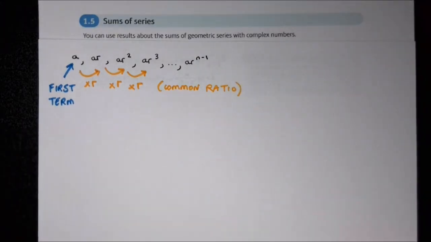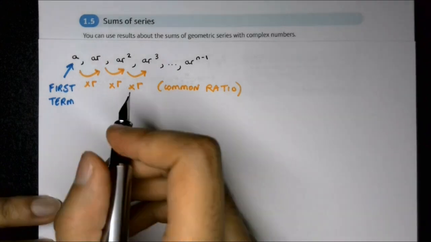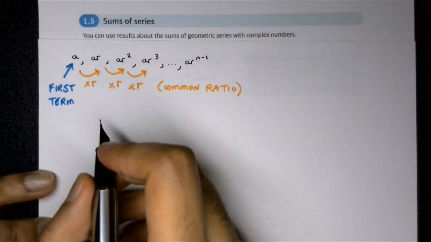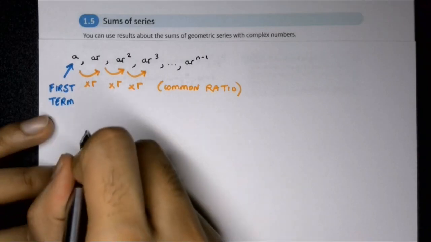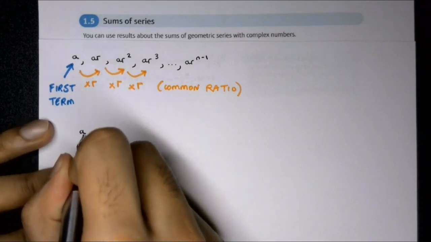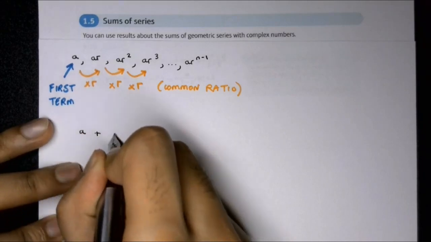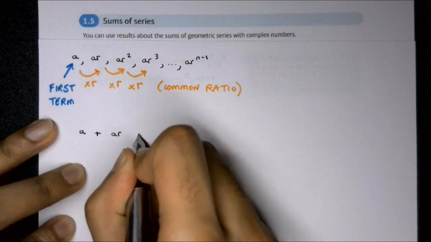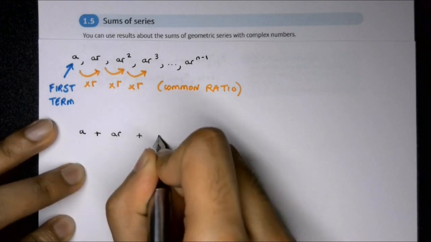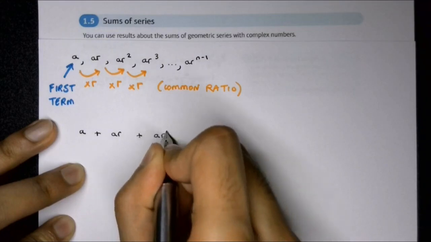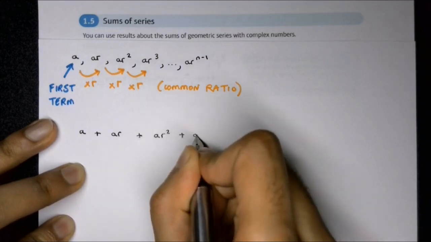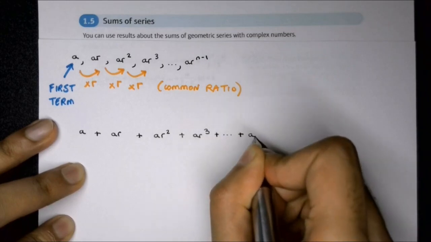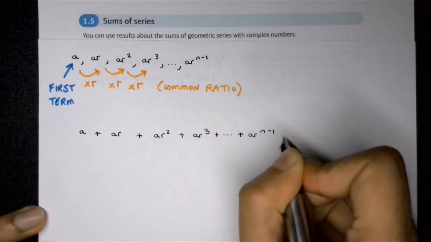Now, let's suppose over here we want to add all these terms together. If we do that, we have a, our first term, plus our next term, ar, plus the term after this, ar squared, plus ar cubed, and we continue this up until ar to the power of n minus 1.